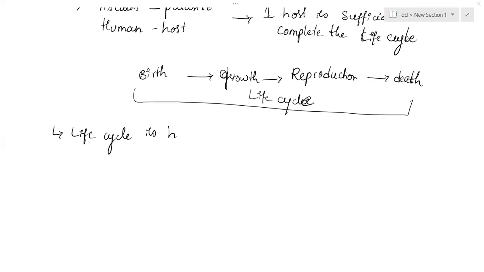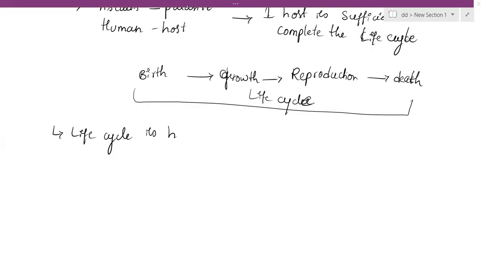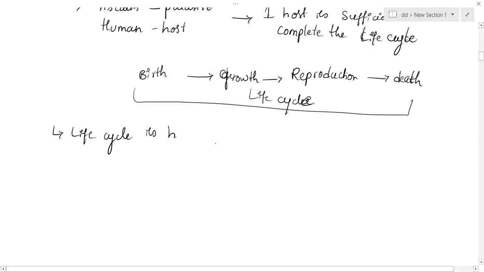This life cycle has 4 molts. The first molt occurs in the soil.